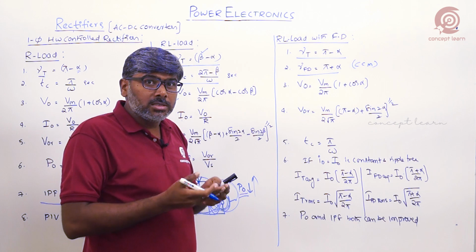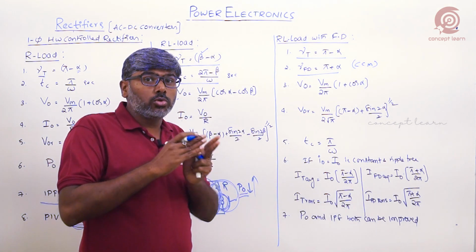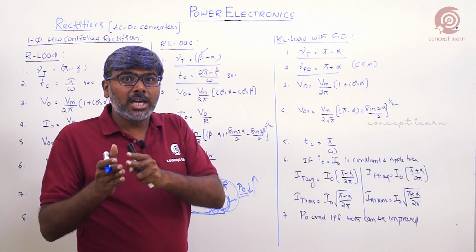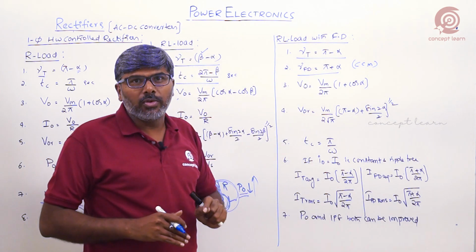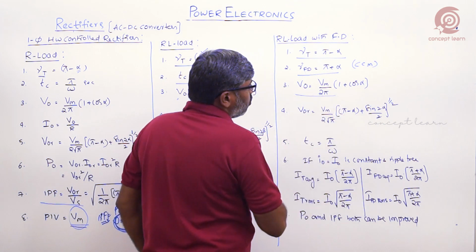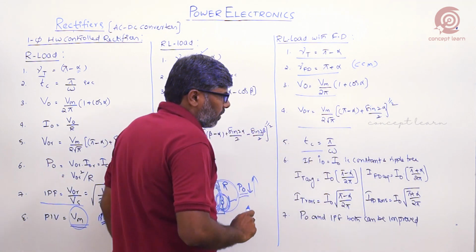So the freewheeling diode conducts from pi to 2 pi plus alpha. Pi to 2 pi is pi radians, plus additionally alpha. That is why the conducting period of the freewheeling diode is pi plus alpha. Now we can find the V naught average output voltage, RMS output voltage, and circuit turn-off time.